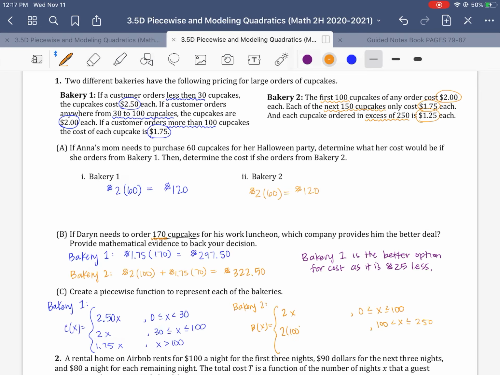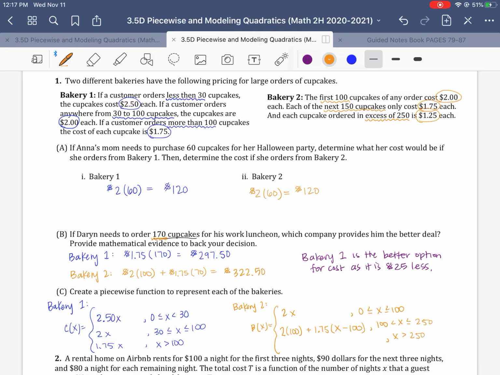But essentially here we would say 2 times 100, because they were always going to order in this domain between 100 and 250. And then we would say plus, you're going to pay $1.75 for the rest of them. Now to write the rest of them mathematically, we would say however many you're going to order minus the 100 that you already counted right here for $2. So again, normally we would distribute this and simplify and then write our final function right there, but let's just write it out so we have that example.